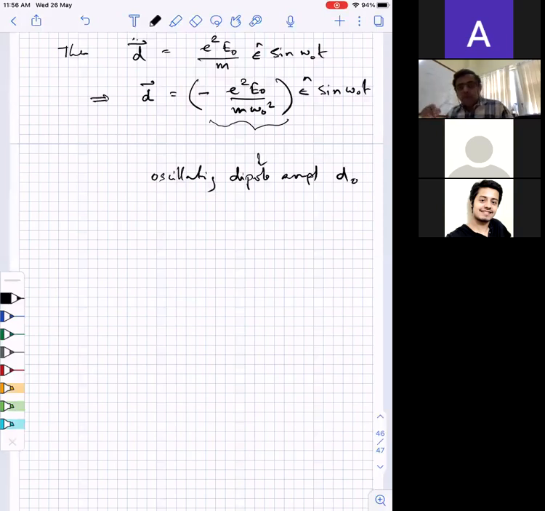Now when you have a dipole amplitude and you know D double dot, then we have already written down the equations for dipole radiation.